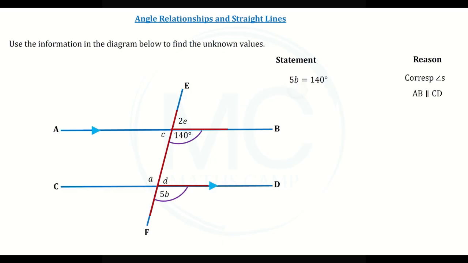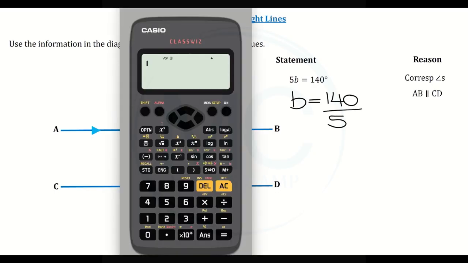If 5B is equal to 140 degrees, then B must be equal to 140 degrees over 5. So now we can get our calculator and we say 140 divided by 5 is equal to 28 degrees.